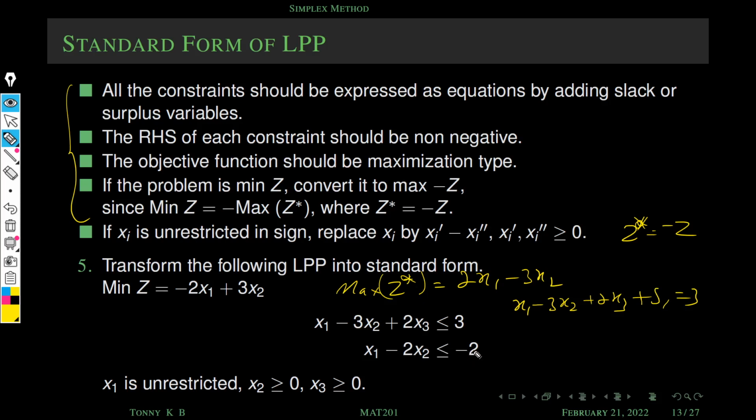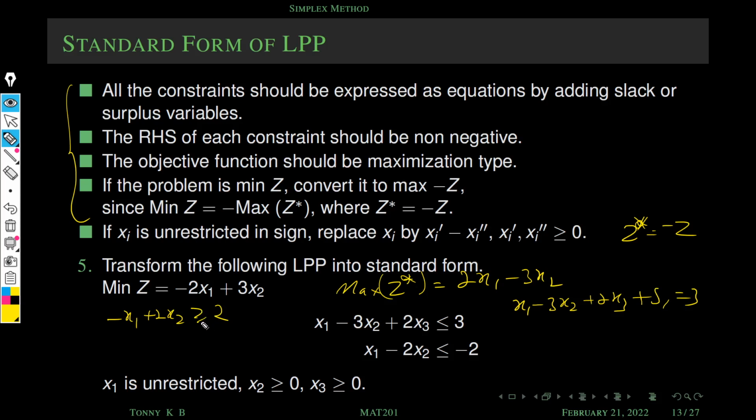So first we make the right hand side positive by multiplying by a minus sign. This becomes minus x1 plus 2x2 greater than or equal to 2. Now the right hand side is positive and it is greater than or equal to type, so we have to subtract something from the left side. Then only this becomes an equation. That is called a surplus variable.